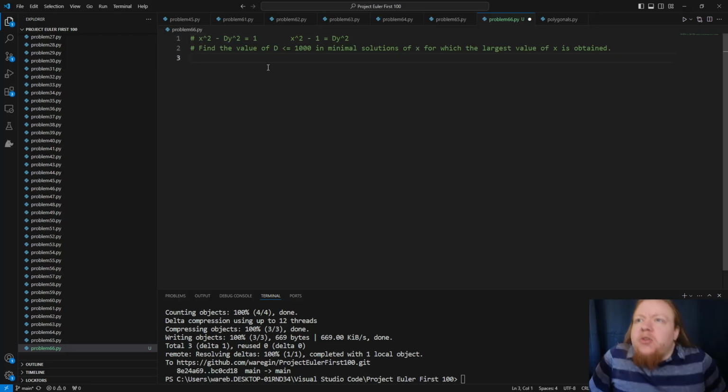Okay, and the reason that I'm going to do that is because we're going to be finding the d, and then we're going to be looking for the minimum solution of x.